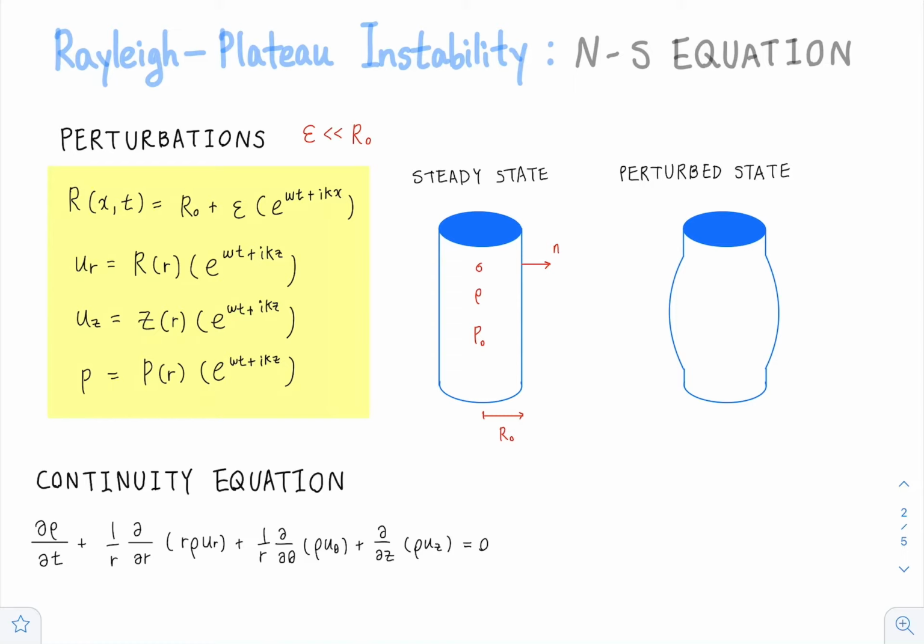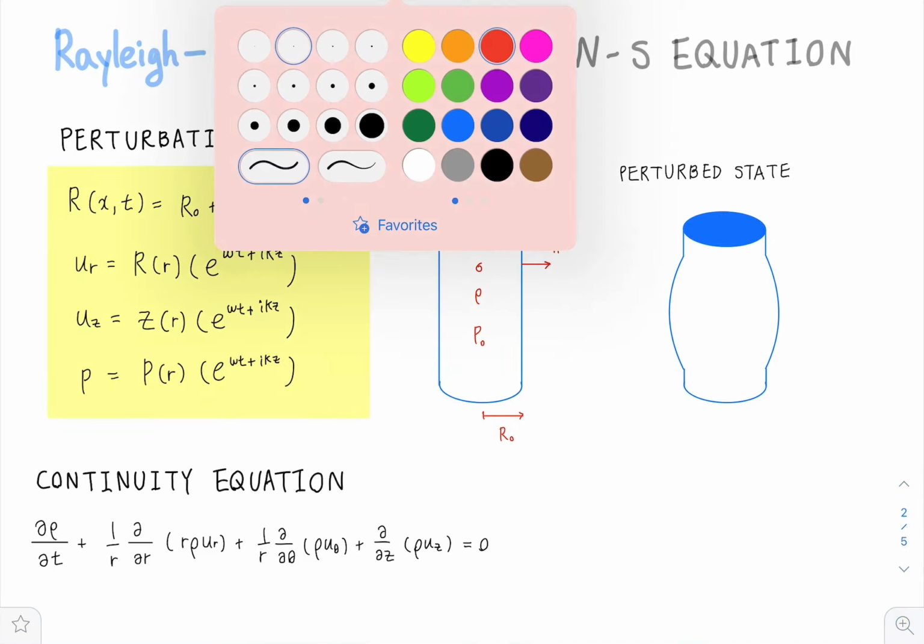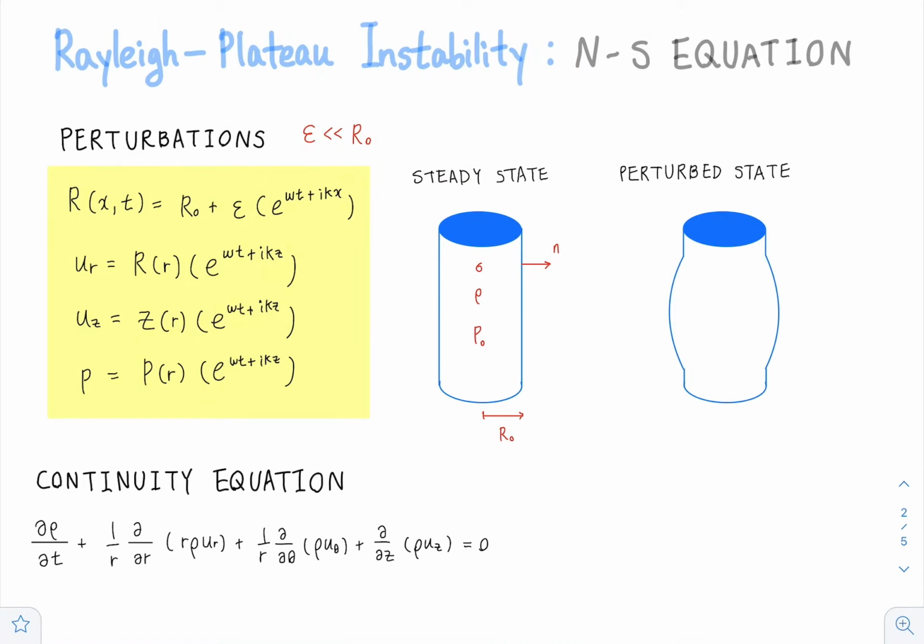So if you look at the picture to the right, you will see the steady state and the perturbed state. In the steady state, we have this nice radius of R0, a surface tension of sigma, the density rho, and the pressure P0. But if we have a perturbed state, we are going to have a very slight change in diameter, or radius.